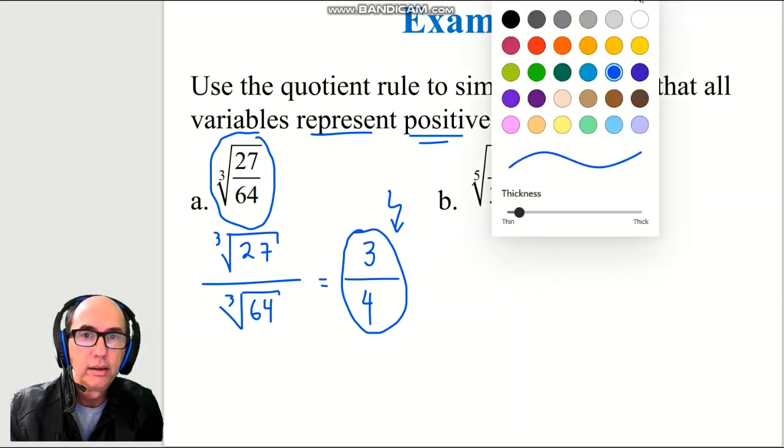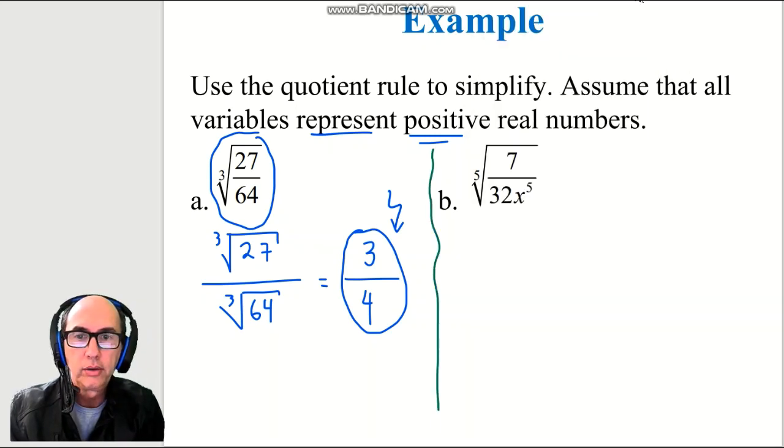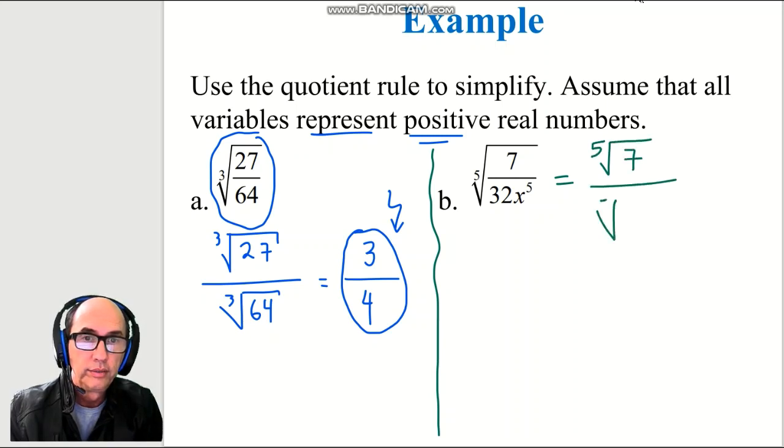Now letter B. Let's solve in a different color. Fifth root of 7 over 32 x to the power of 5. Okay, now we're going to break down. This is equal to the fifth root of 7 over the fifth root of 32 x to the 5. We don't know the fifth root of 7, so keep it like that on the numerator.